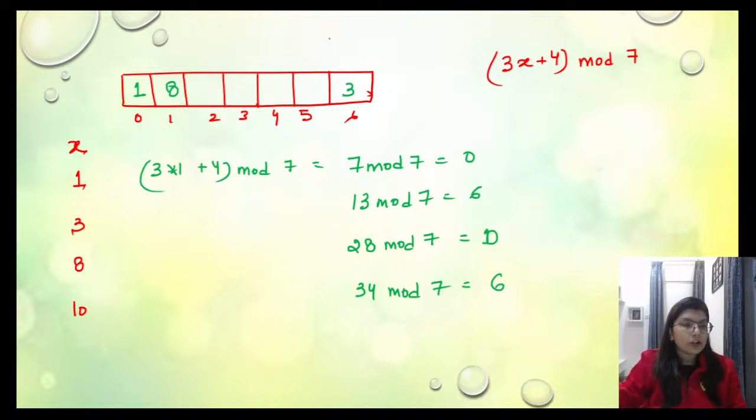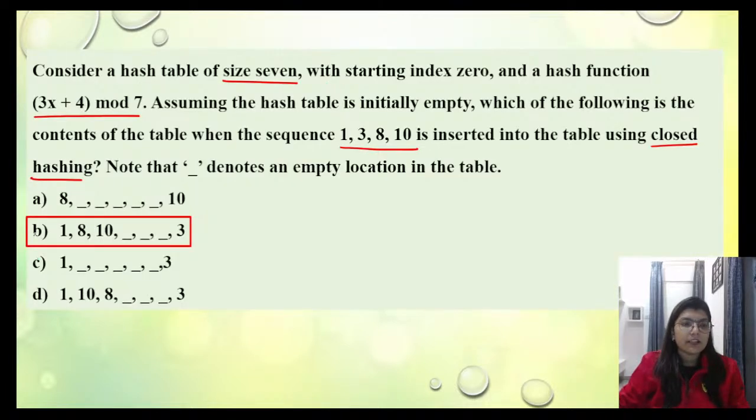But 6 is already occupied, so you go on: 0 is already occupied, 1 is already occupied, then 2. The space that is left is 10, and the rest are blank. So 1, 8, 10, and 3. So the correct answer will be option number B. Almost everybody gave the correct answer. Okay, next question.